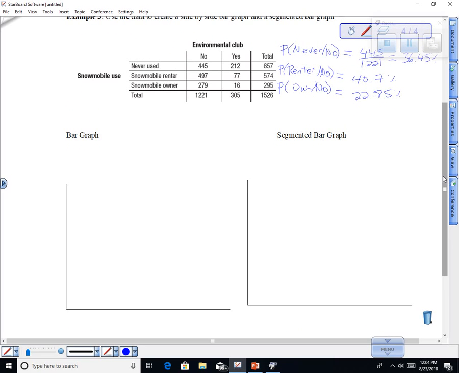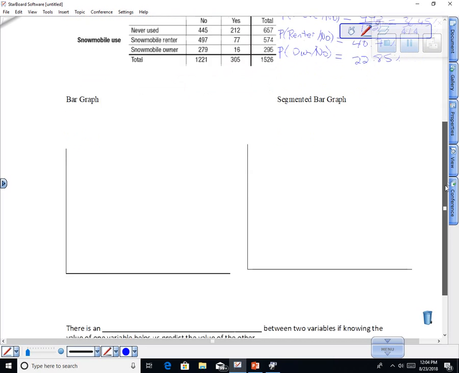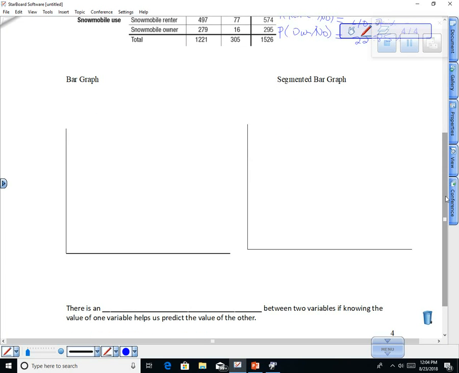Okay? So for the first part of the graph, first thing I'm going to do is go ahead and number from 0 to 100 on the left side on my y-axis. And so I'm going to start off and just try to do equal increments. So 10, 20, 30, 40, 50.